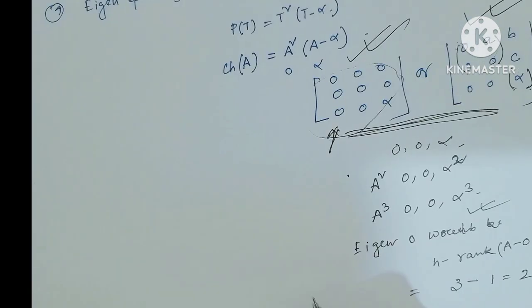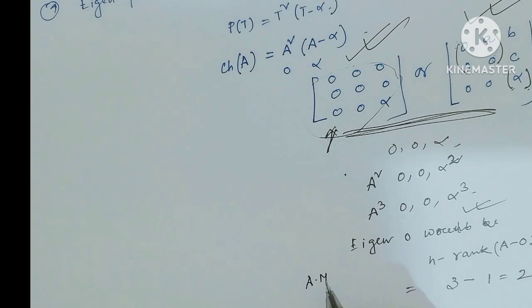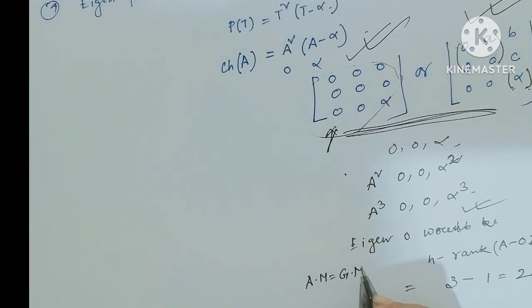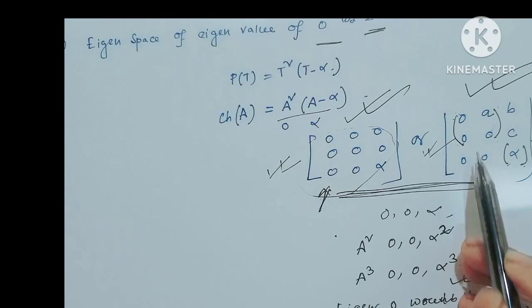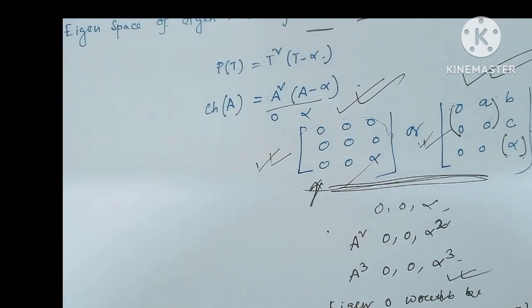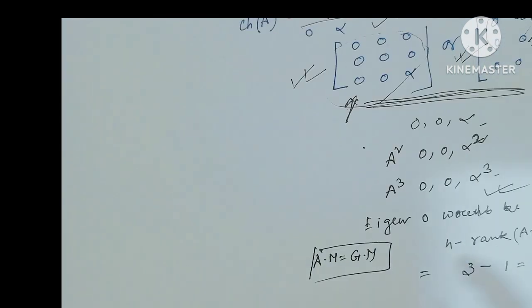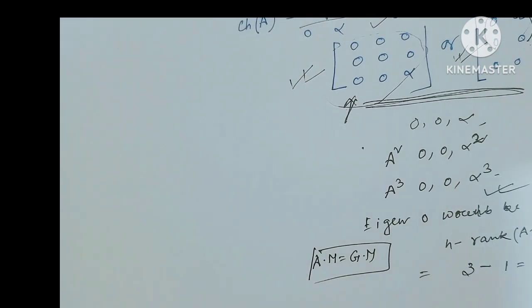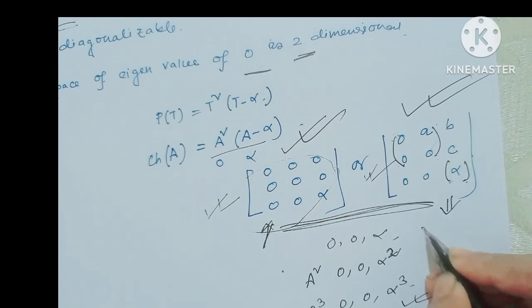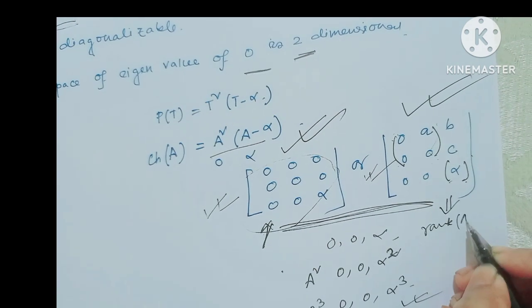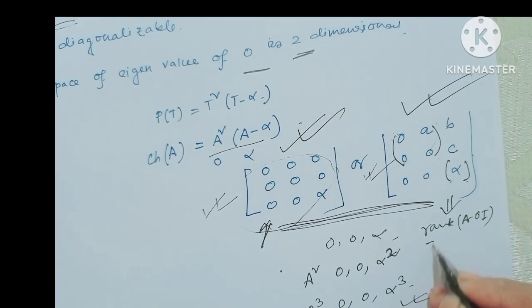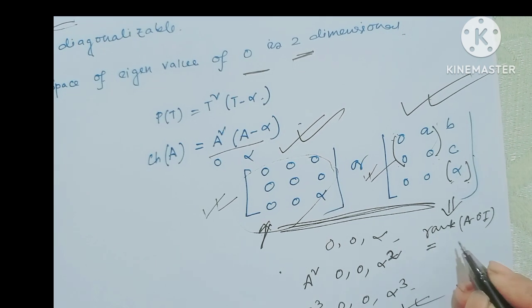Here the algebraic multiplicity and geometric multiplicity are the same, but for this other case the rank of A minus 0 I would be 2.